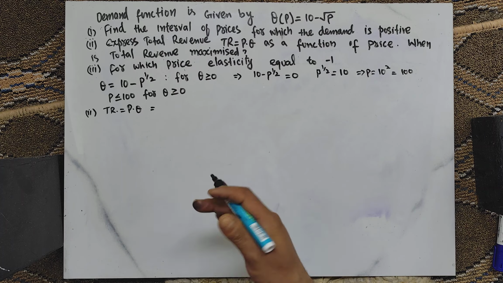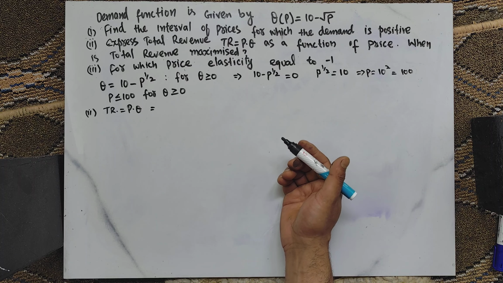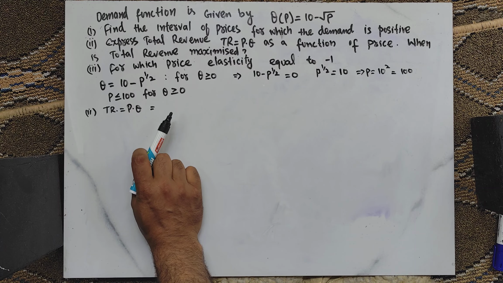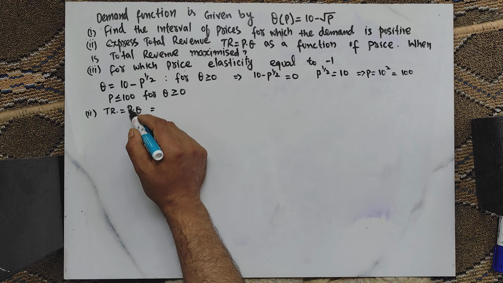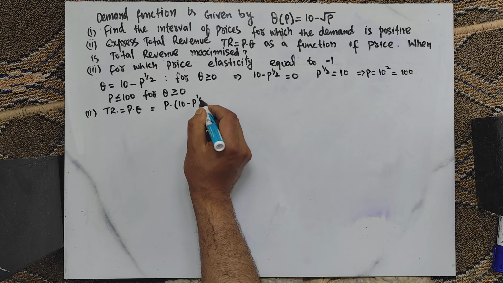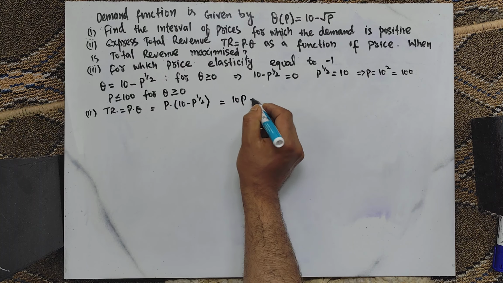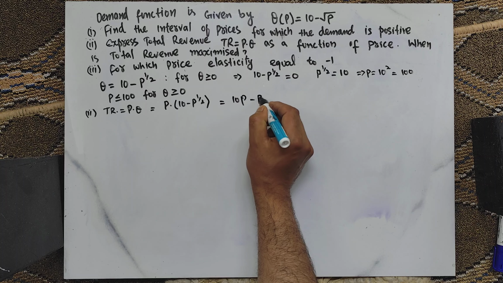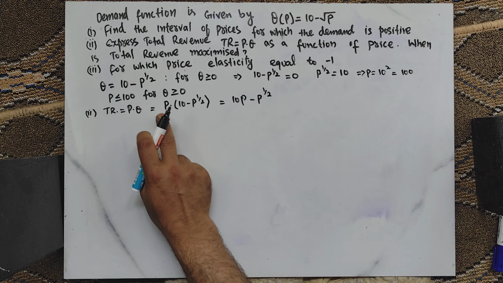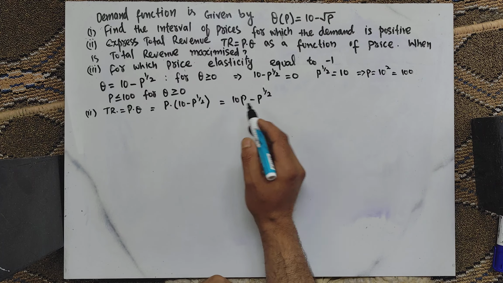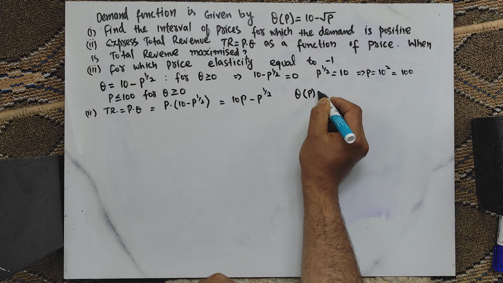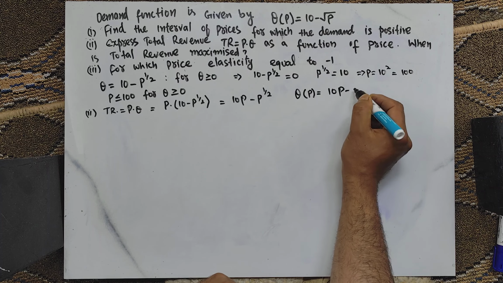Since we have to write it as a function of price, we have the demand function, so we can write P into the value of Q, which is 10 minus P raised to the power 1 upon 2, which will be equal to 10P minus P raised to the power 1 upon 2.